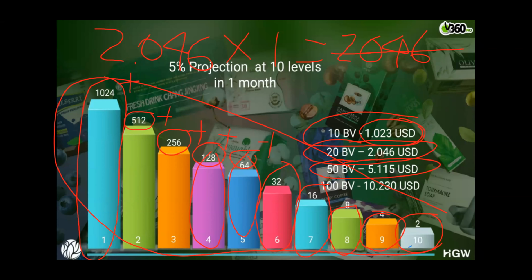Okay, this is the difference, not from upgrade. If you are upgrading, this is not included as a personal purchase, because every time you make an upgrade, the company calculates the first bonus again.